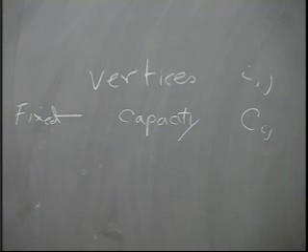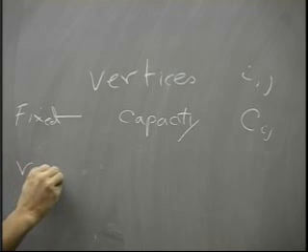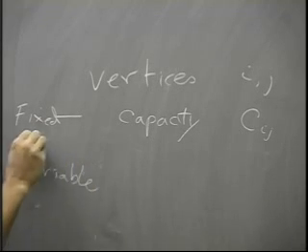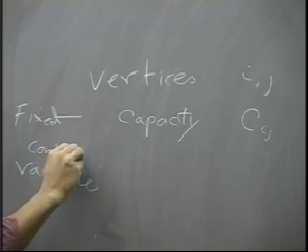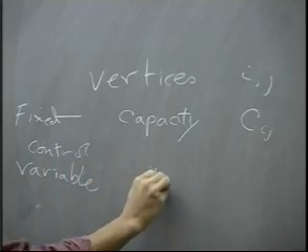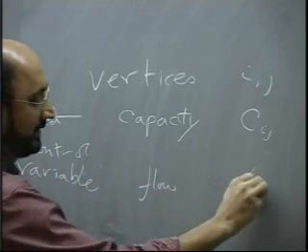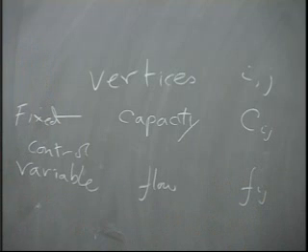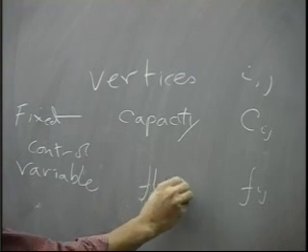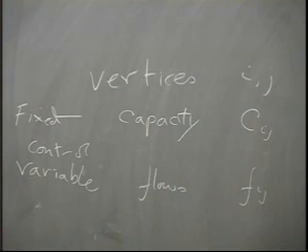What can I change? What can I do? I can assign different amounts of flows to different links, right? So again, it's obvious that my variables, my control variables, are the flows, and I'll call them Fij. That's the amount of flow sent from i to j.